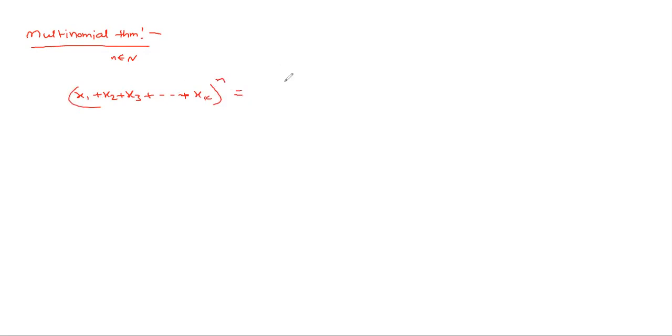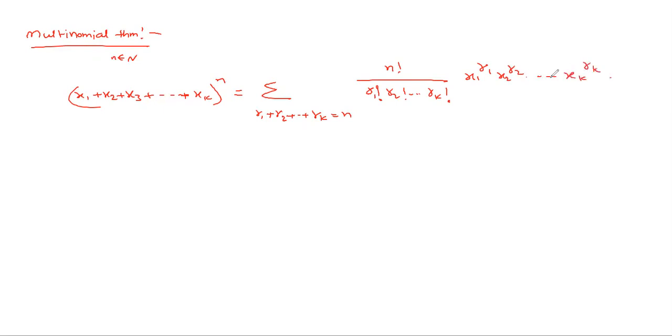It is the sum over r1 + r2 + and so on + rk = n of n factorial divided by r1 factorial r2 factorial and so on rk factorial, into x1^r1 into x2^r2 and so on xk^rk. I think it is very clear.